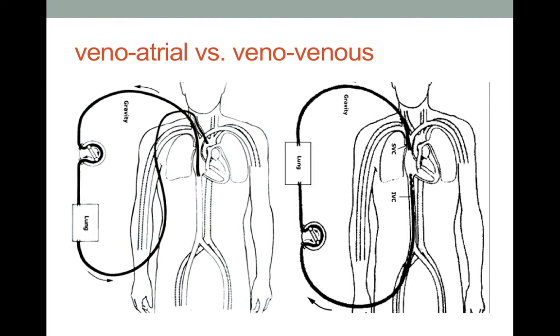Both provide respiratory support, but obviously only VA provides arterial support. So essentially, ECMO is like bypass. The patient's blood is rerouted outside of the body, oxygenated, and returned to the body, either in the venous or arterial system.